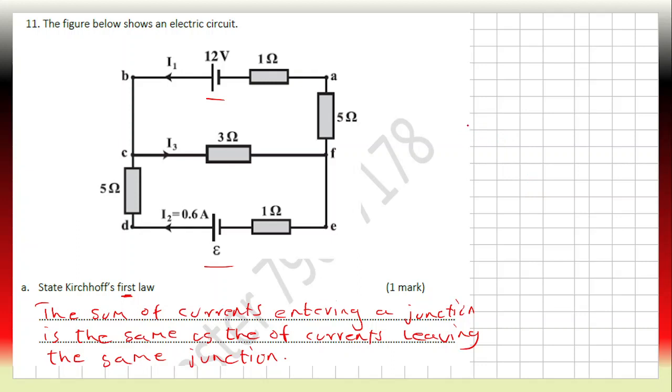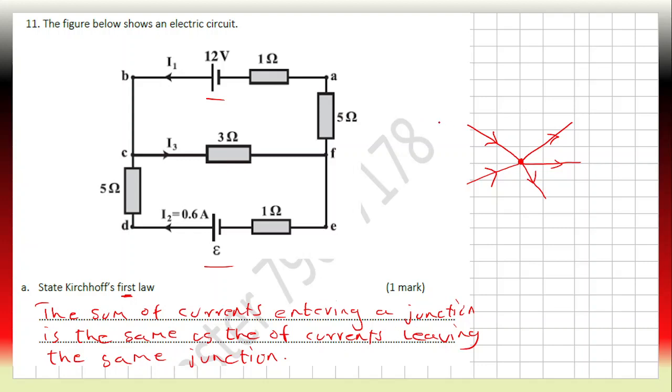If I have a current coming in, this is a junction, another one, this one and this one, and this one is leaving, this one is also leaving, and this is also leaving.